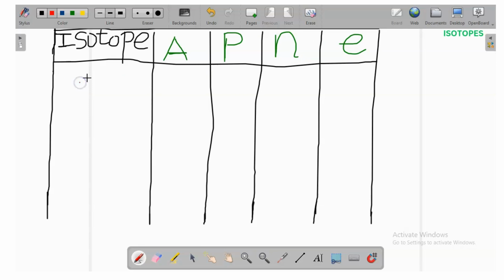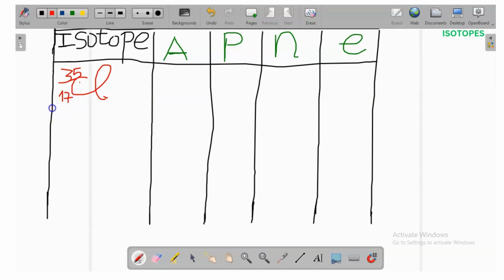In nature, we have two isotopes of chlorine. Chlorine number 1 has mass number equal to 35. Here the atomic number is equal to 17.